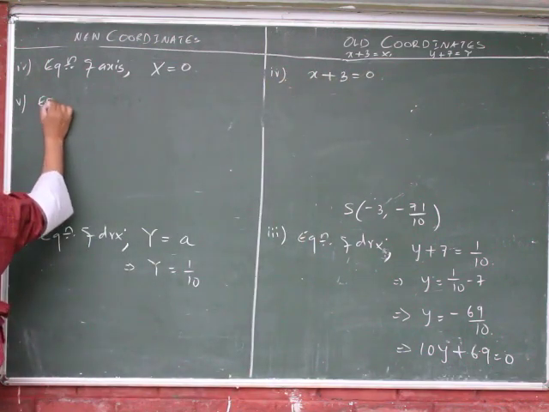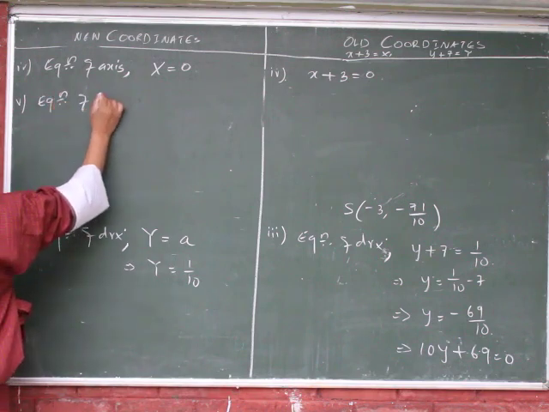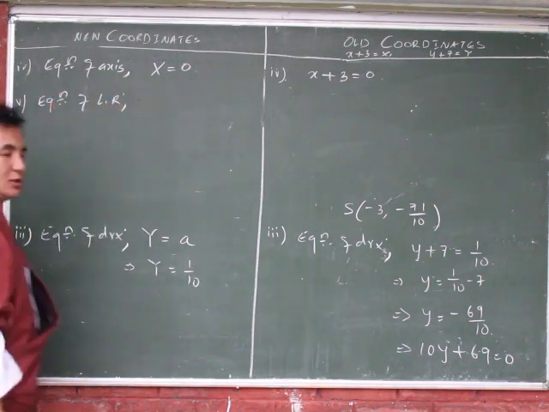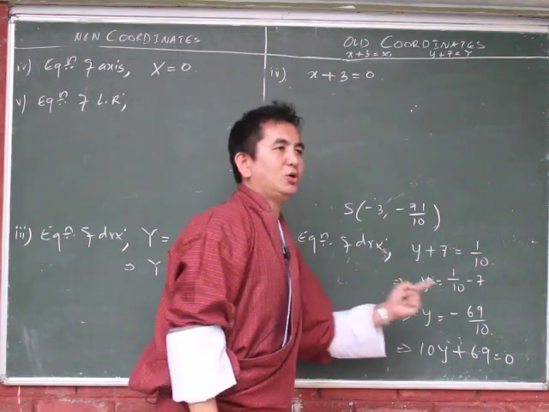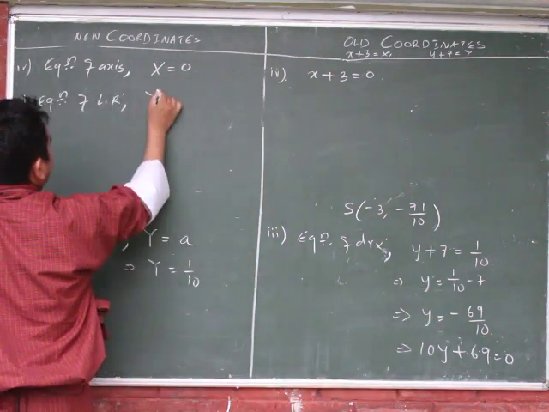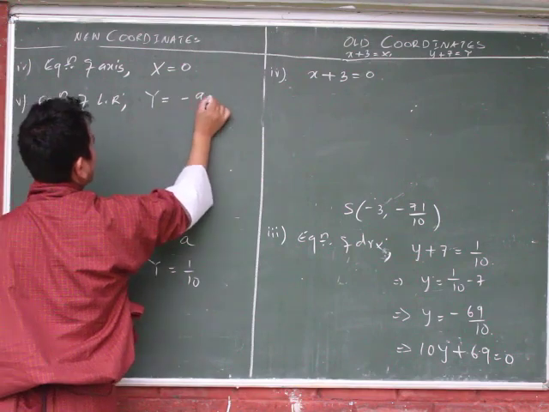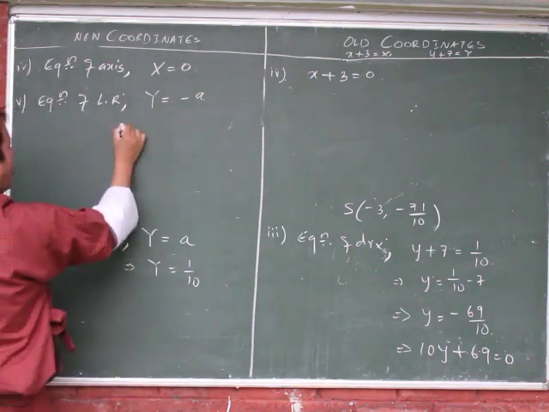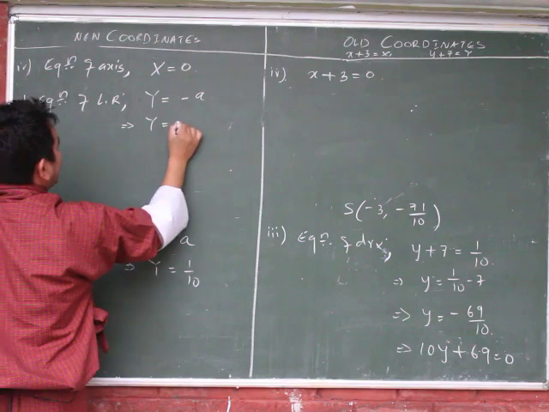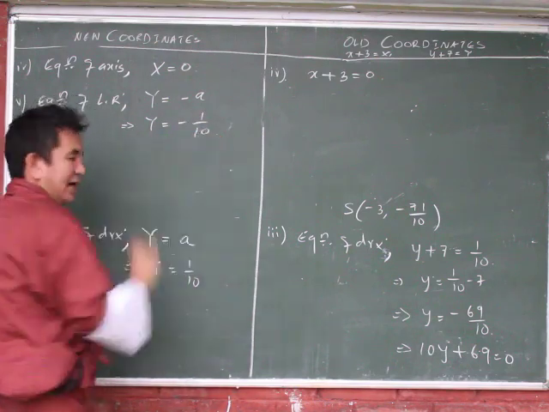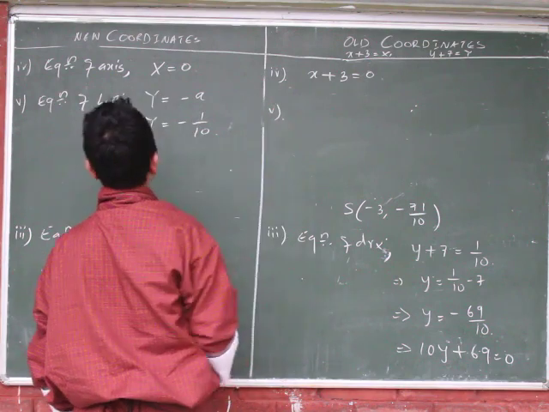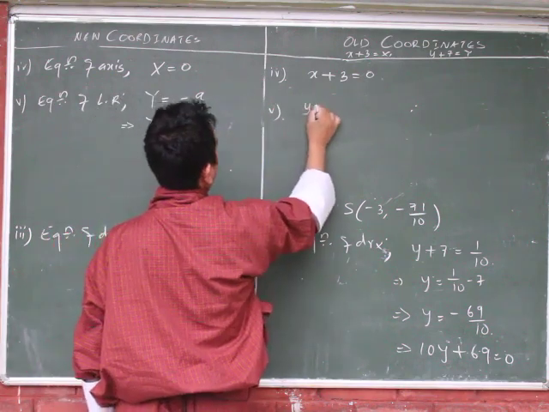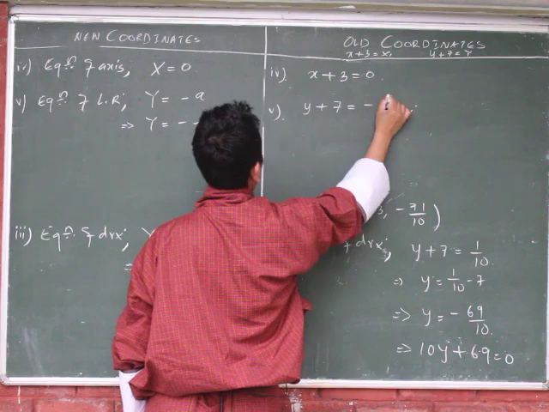Number 5, equation of latus rectum. What's the equation of latus rectum? This is concave down. Capital Y is equal to negative a. Remember here capital Y is equal to negative 1 by 10. Substitute capital Y there. Number 5 equation of latus rectum will be y plus 7 is equal to negative 1 by 10.